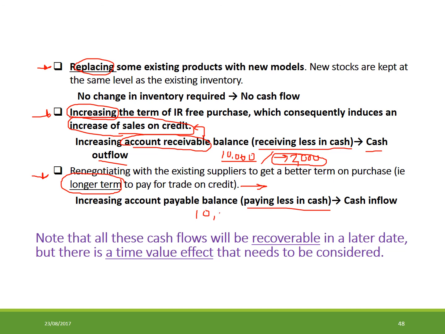Suppose that we have to buy $10,000 in supplies. If $2,000 out of this $10,000 is purchased on credit, it means that in the current period, we don't have to expense this $2,000, right? So this is not a cash item. And therefore, effectively, our production costs is only $8,000, right?